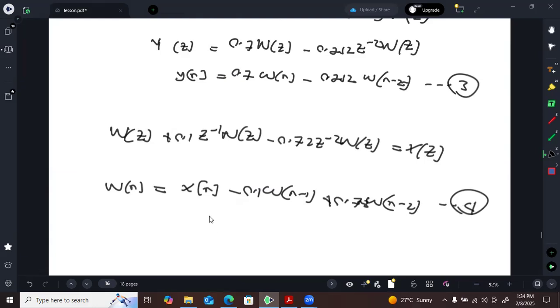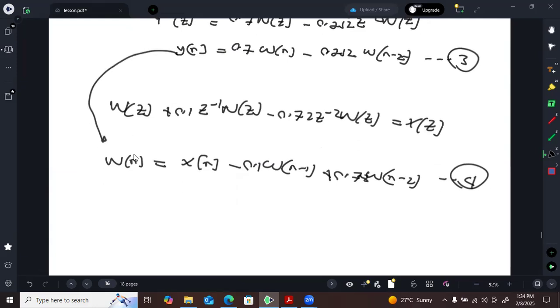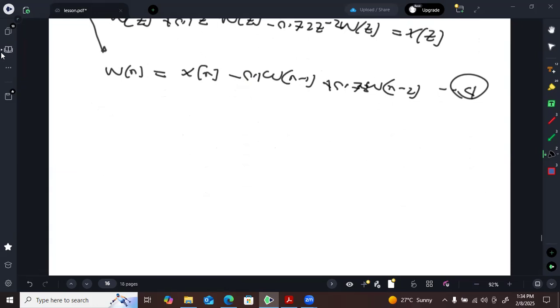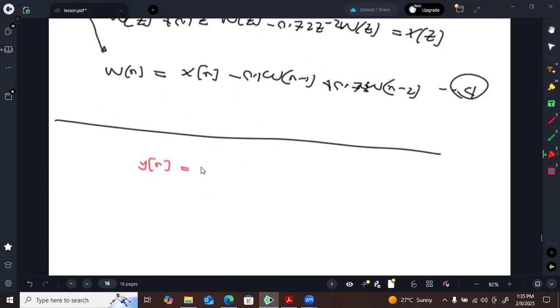So the equation that I want to implement, this one's in the time domain. I will bring them together so that I have y of n equal to 0.7 w of n minus 0.252 w of n minus 2.